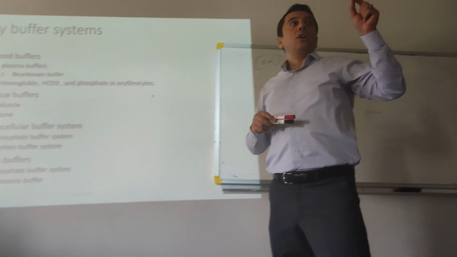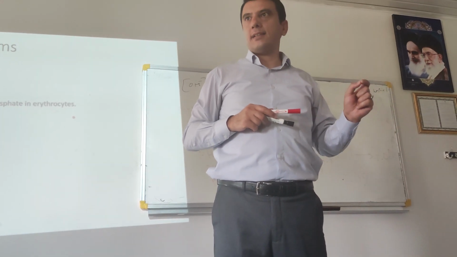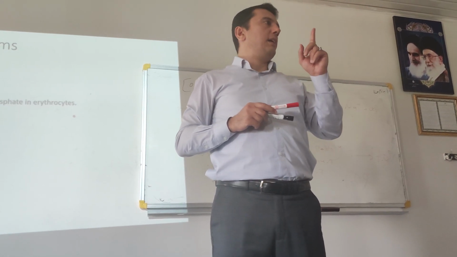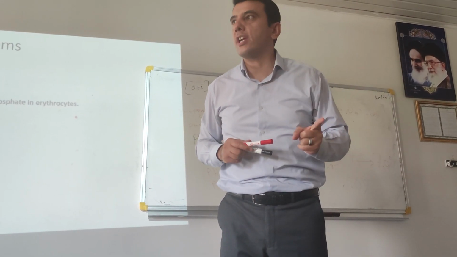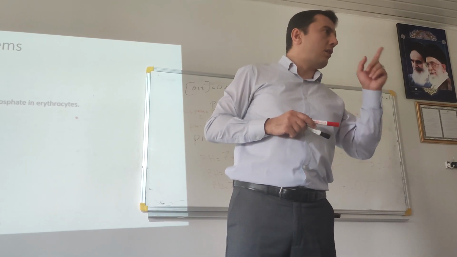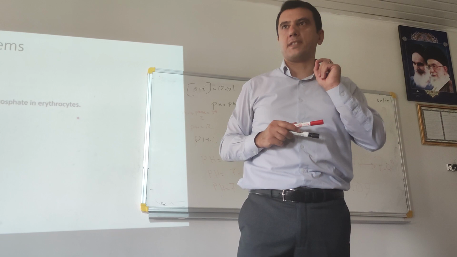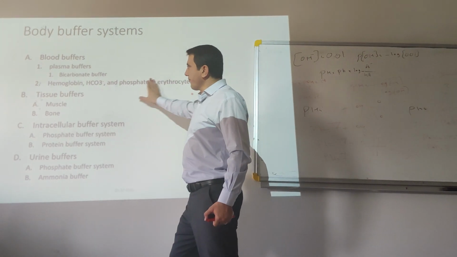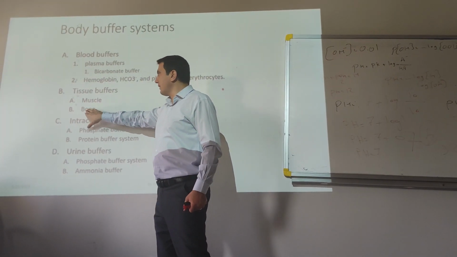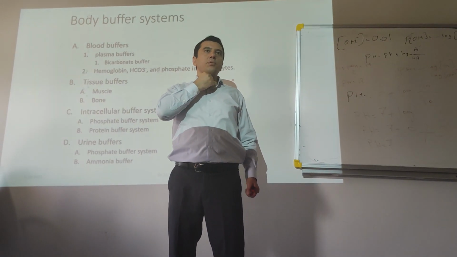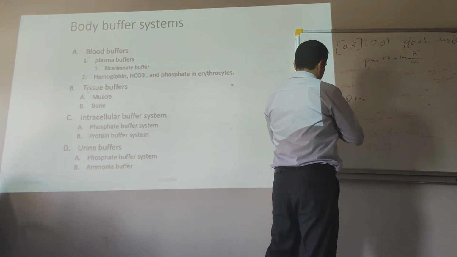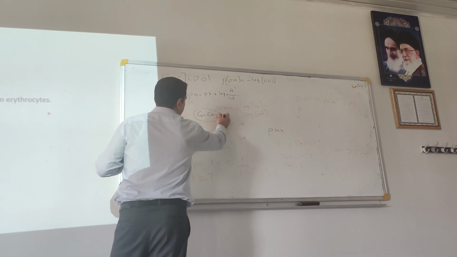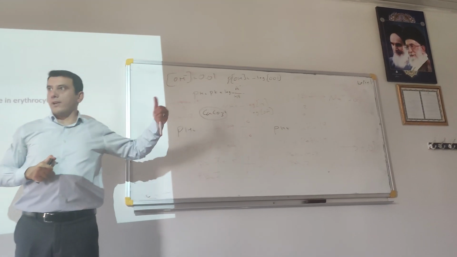So you should know that one of the functions of proteins is their buffering action. So proteins are buffers. Then there are tissue buffers in muscle and bone. We have a very important buffer in our bones. CaCO3 is the main buffer in our bones. Please write it.